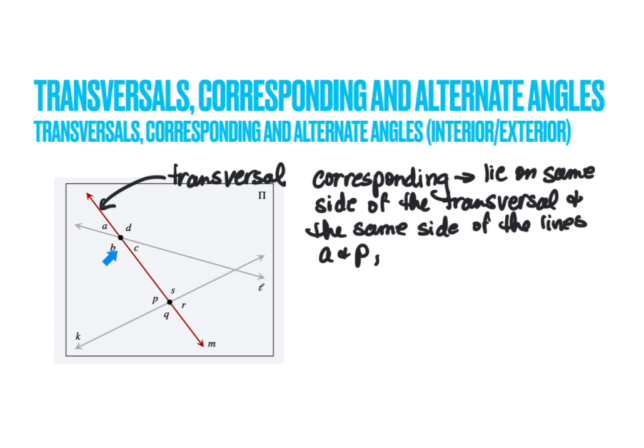Also, B and Q are corresponding. They are both on the left and both below the two lines. I can also look at the angles that are on the right side of the transversal. D and S would be corresponding. And also C and R.